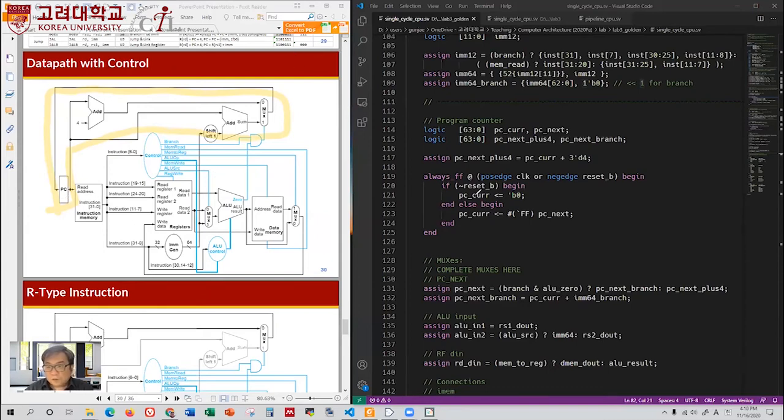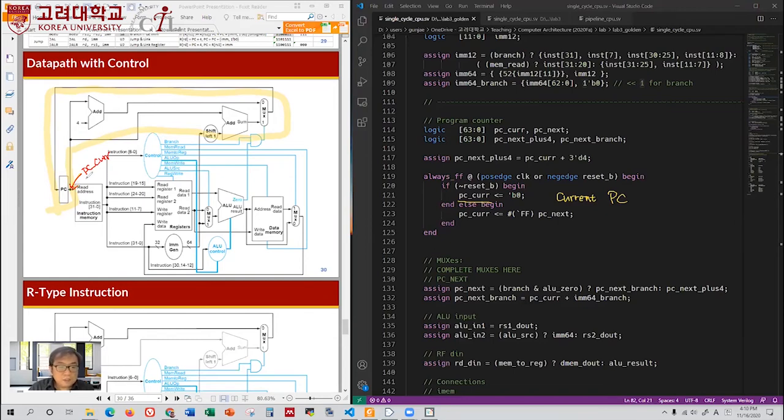So you can find the PC cur. That means the current program counter value. In this slide, here is the PC cur, that means the current PC, right? Understand?